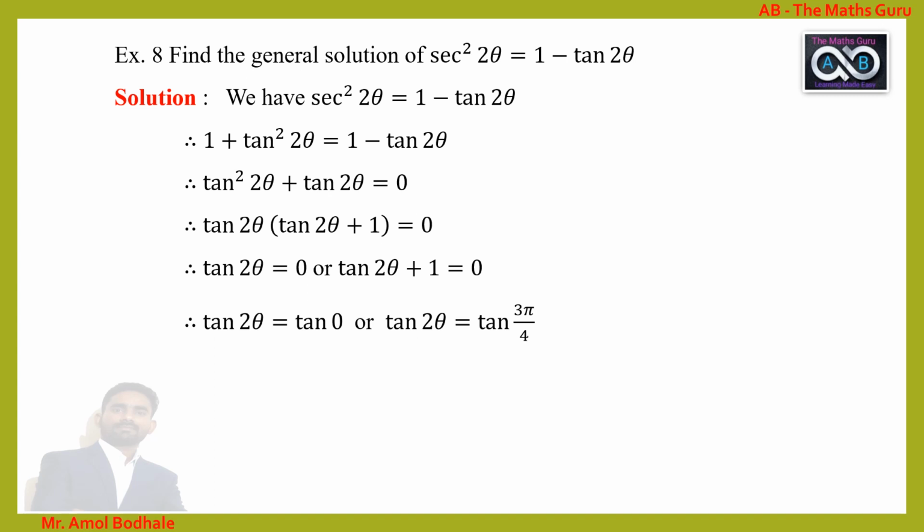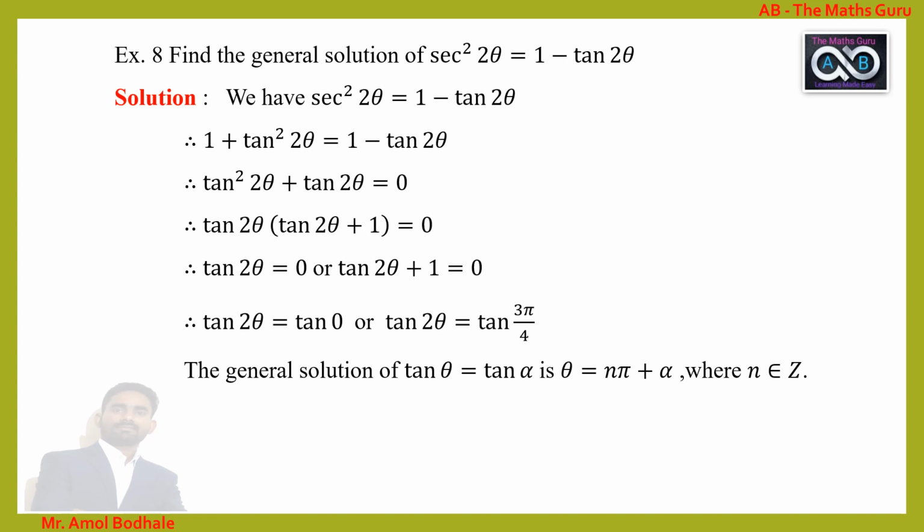Similarly here we can write tan 2 theta equal to minus 1, and we know that tan is 1 for tan of pi by 4, but here we are getting a negative value, and we know that tan is negative in the second and fourth quadrant. So the angle in the second quadrant can be written as pi minus theta, so pi minus pi by 4 gives tan 2 theta equal to tan of 3 pi by 4.